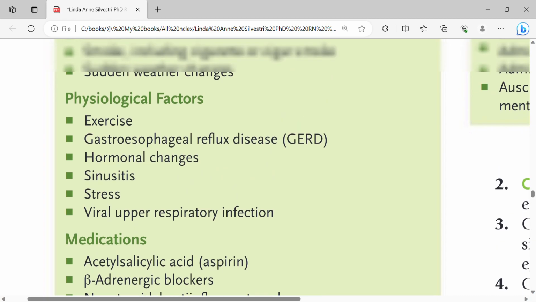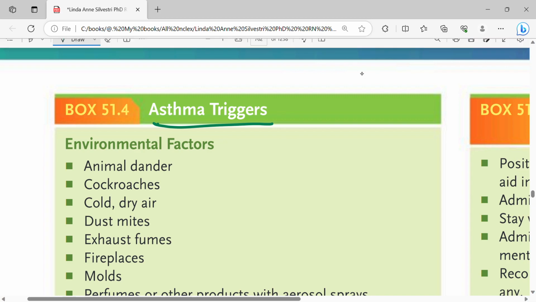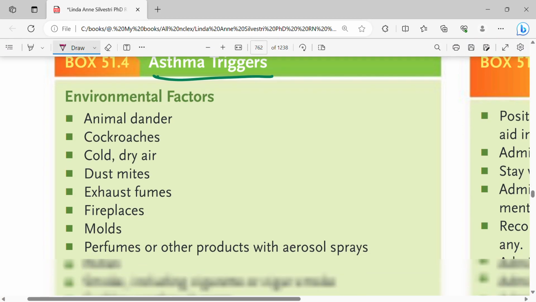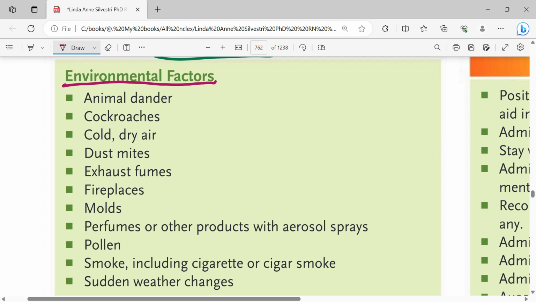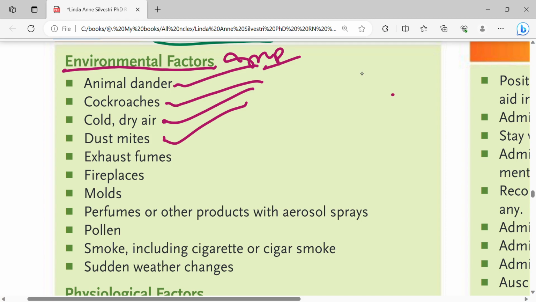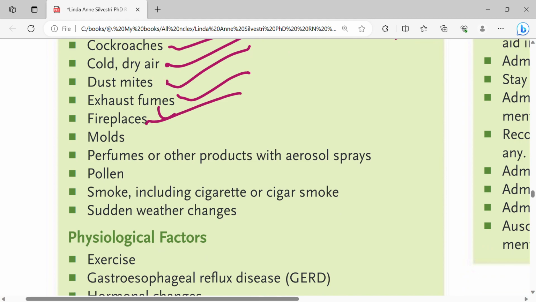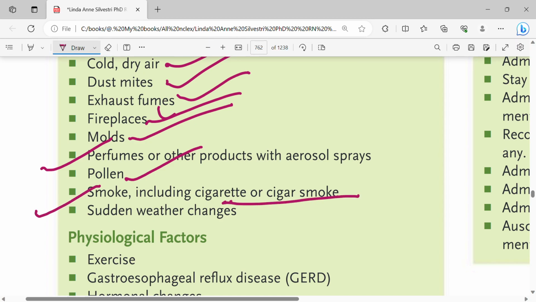Now we'll see the asthma triggers. So what are the asthma triggers? Environmental factors. The main important one is environmental factors: animal dander, cockroaches, cold and dry air, dust mites, exhaust fumes, fireplaces, molds, perfumes, pollen grains, smoke including cigarette or cigar, and sudden weather changes.